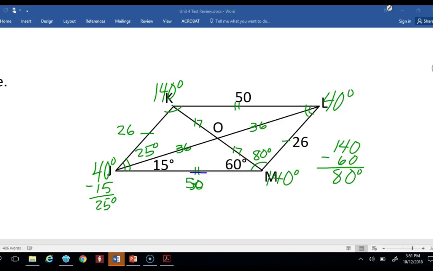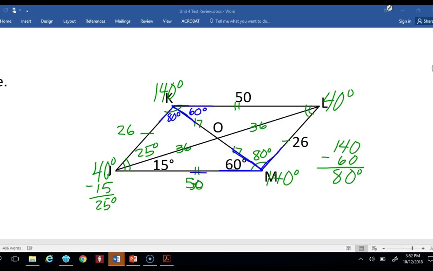Now, I noticed something that you guys may or may not notice, and I noticed that I have some alternate interior angles in this drawing. So over here, I have that this angle, this 60-degree angle, is an alternate interior angle with this angle up here. So that means I know that this angle up here is 60. I also noticed that this angle right here, this 80-degree angle, has an alternate interior angle up here, and that is also 80.